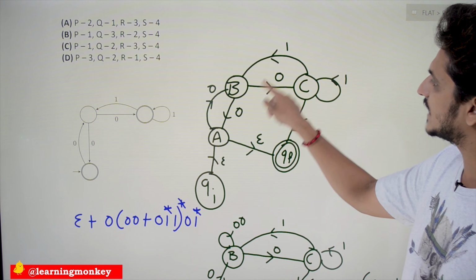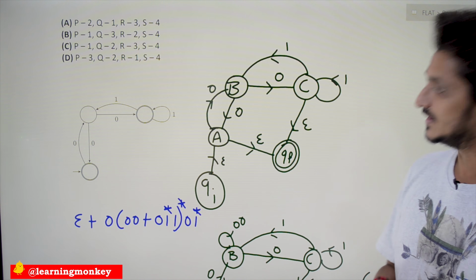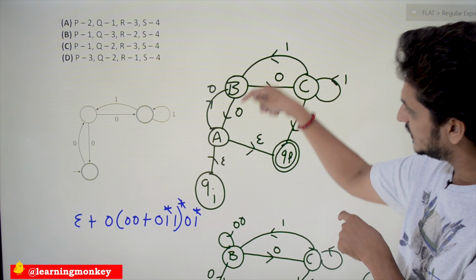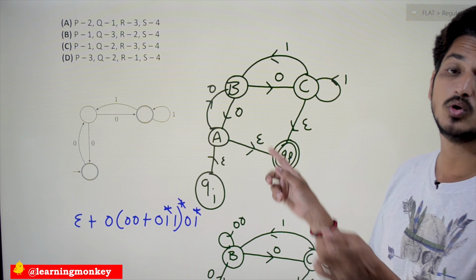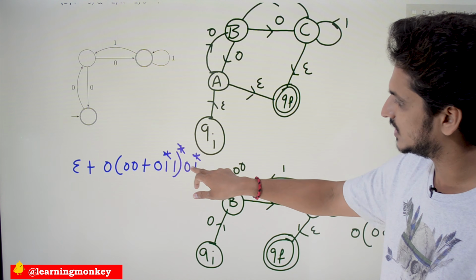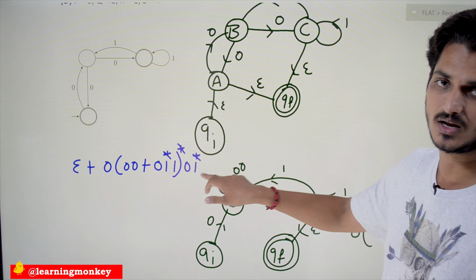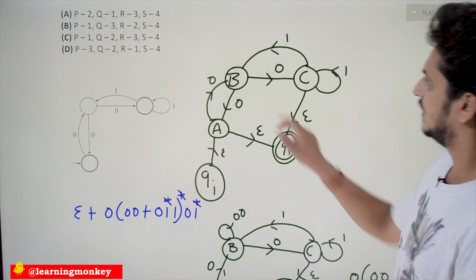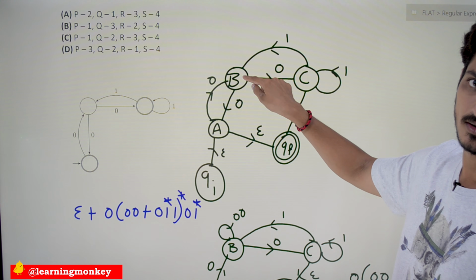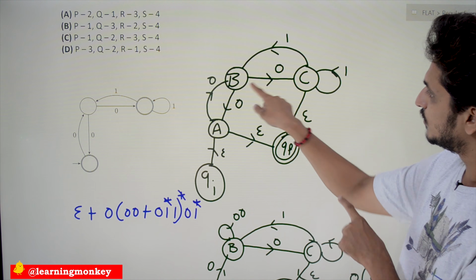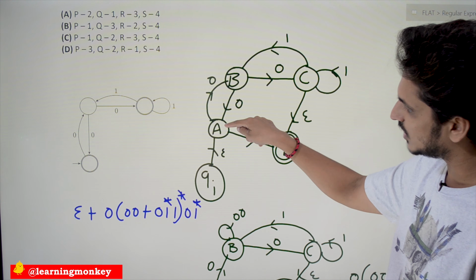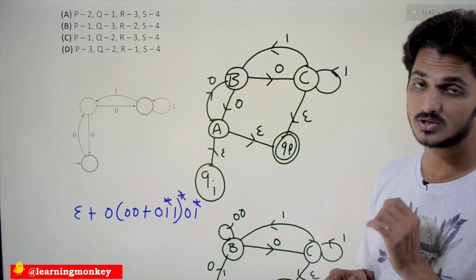Both sides have 0, so 0, 1 star ending on C and a single 0 ending on A can both be accepted. That's why at the end of our expression 0, 1 star has been written: after 0, 1 star, 1 we move to B again, but from B we can move to C using 0, 1 star, or take a single 0 and move to A. These are the options we have.